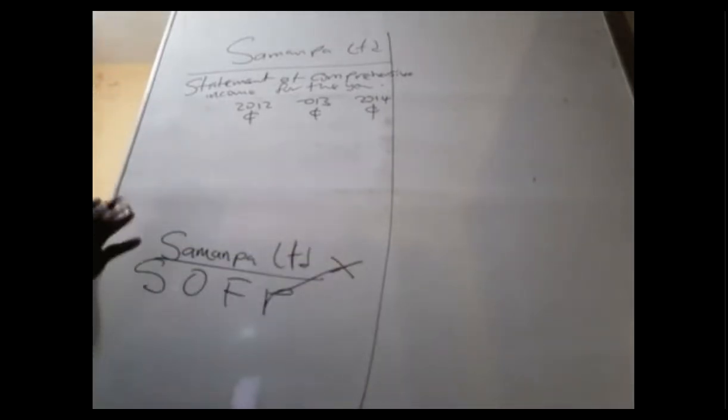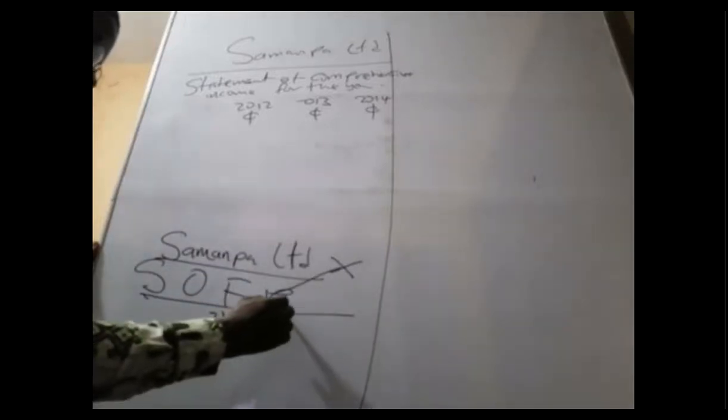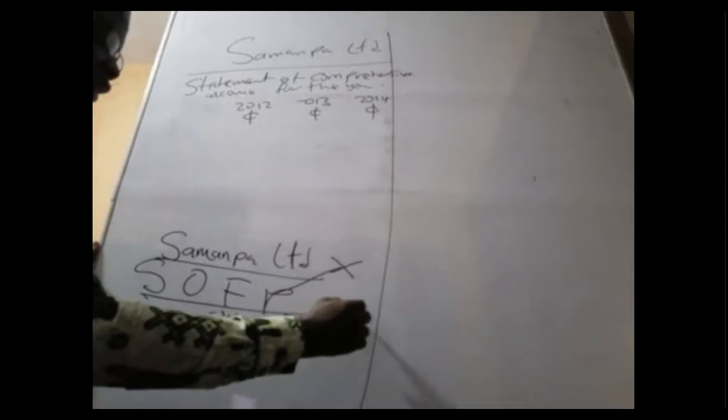Please, no shortcuts in exam. Statement of financial position, no shortcuts. You put 2012 here. You put your 2013 here and 2014. Don't forget your currency. Please, this is what the examiner asks. So that's what we must see first. Any other issue must be a working.